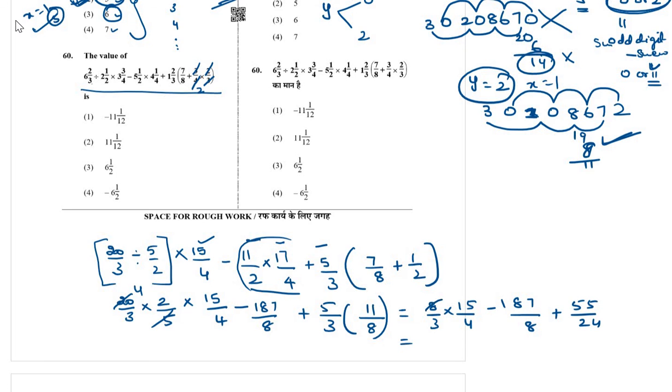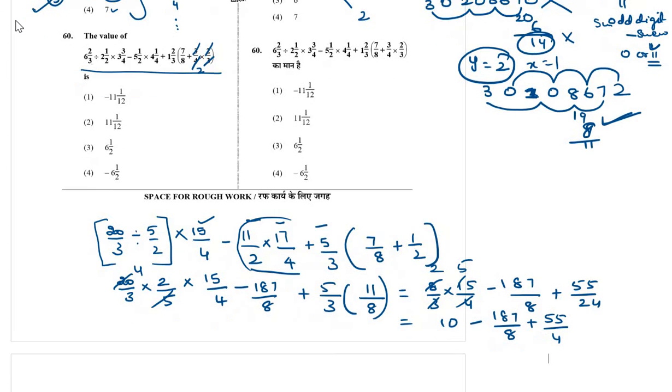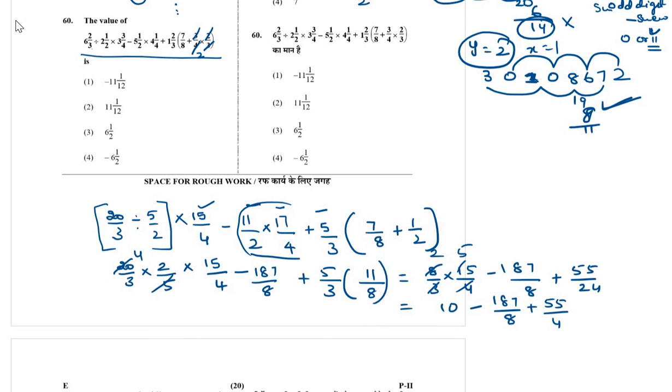So this is equal to, again we can cancel it. So 10 minus 187 by 8 plus 55 by 4. So here LCM is 24, because 24 is a common multiple of 8 and 4 is a factor of 24.